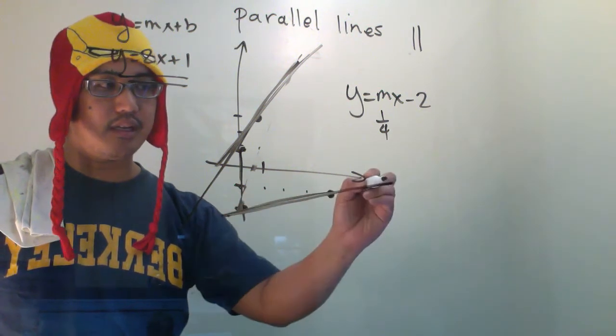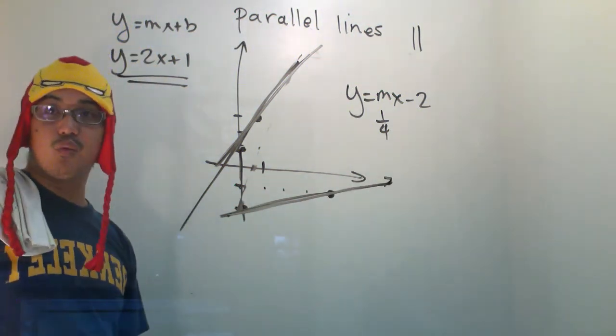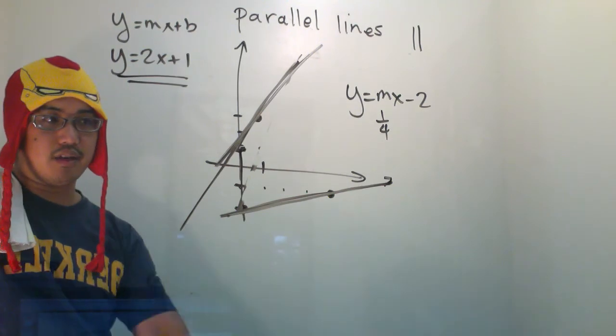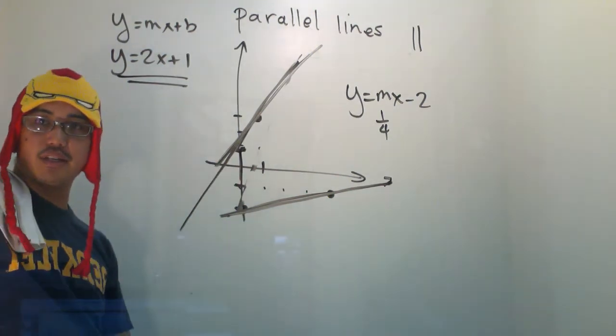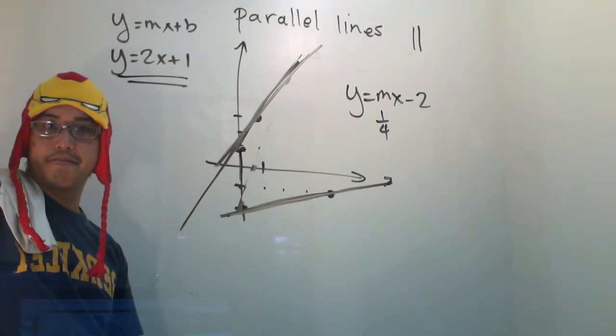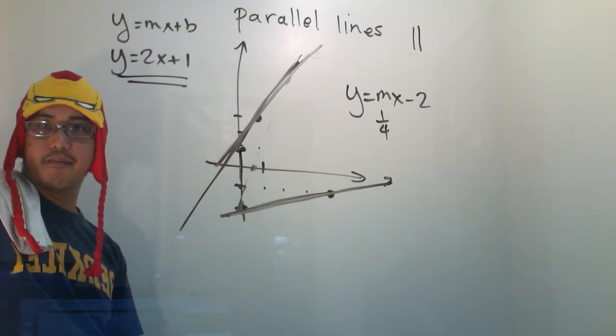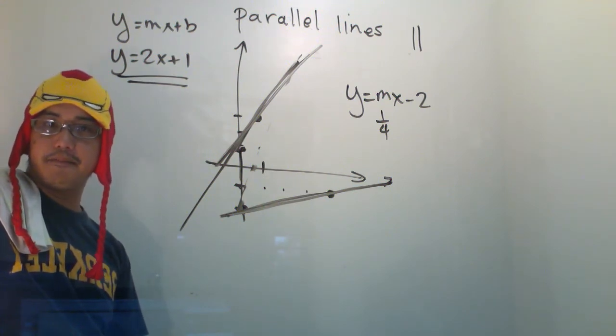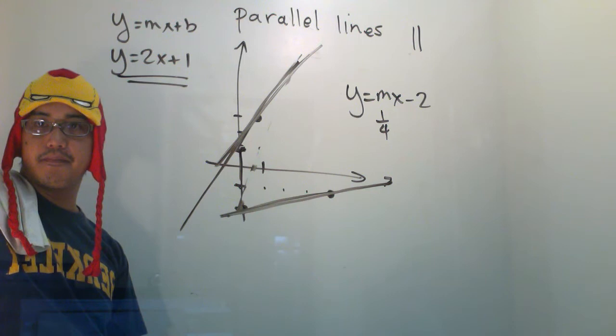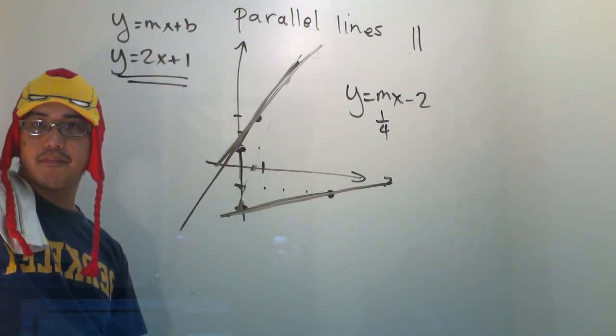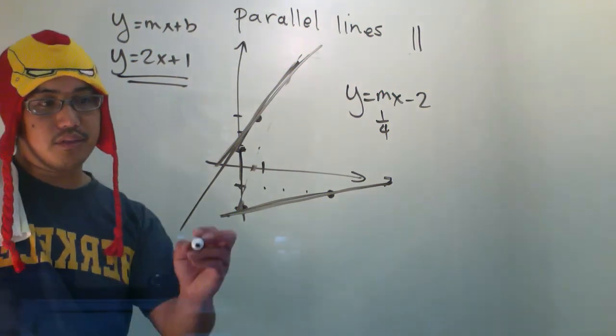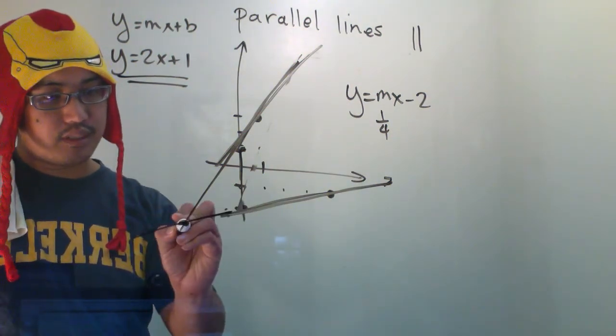Here's my question: will these two lines cross? Will this line touch that line eventually? Yes, no, come on, I need you guys to chime in. Yes, it will. It will cross over here, somewhere around here.